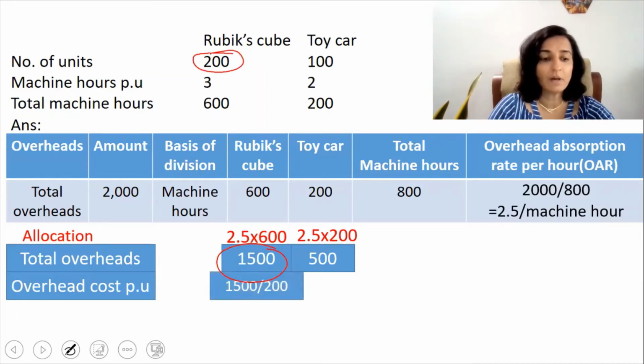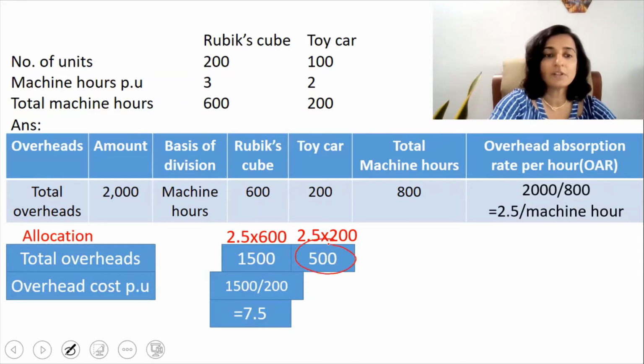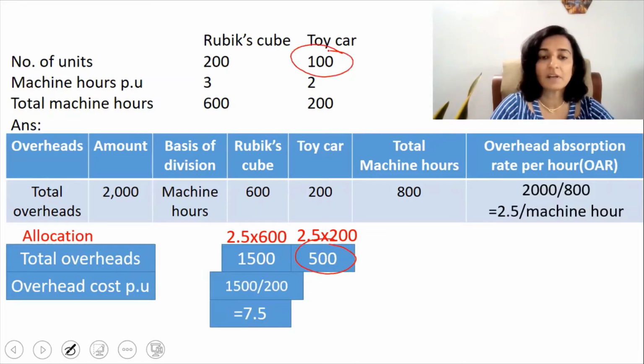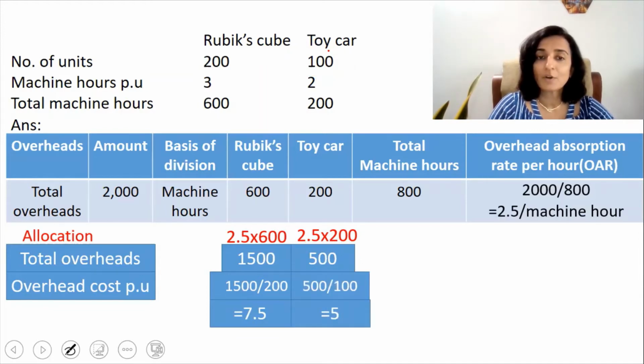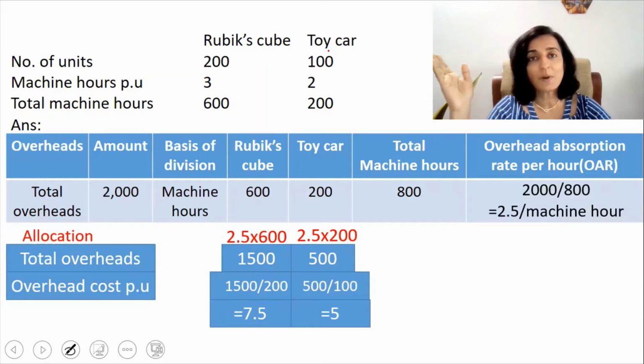We get an amount of $7.5 per unit for the Rubik's Cube. Now coming to the toy car. It is $500, that's the total fixed overheads, divided by the number of units, that is 100. We get an amount of $5 per unit. So that's the first part of the question.